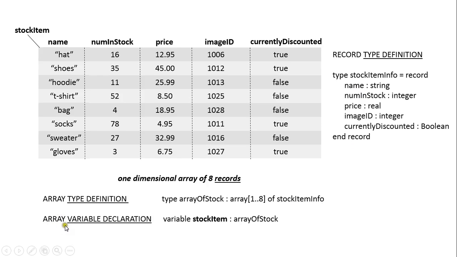So now I'm able to actually declare my array as an actual variable. So this array here is a variable in that its contents can change. So I say that stock item, that's the name of my array, is going to be an array of stock.